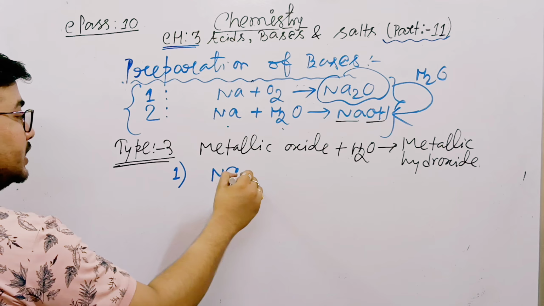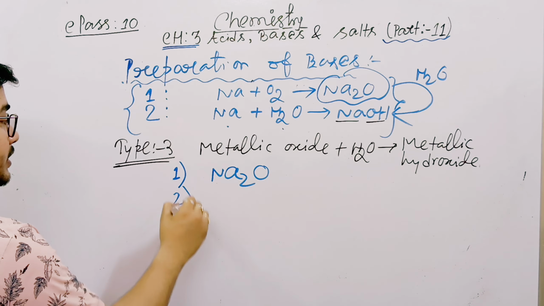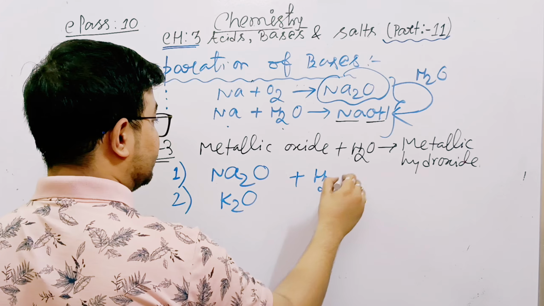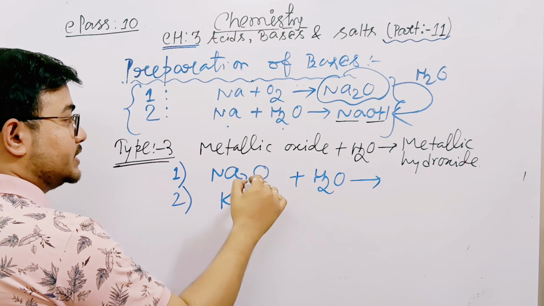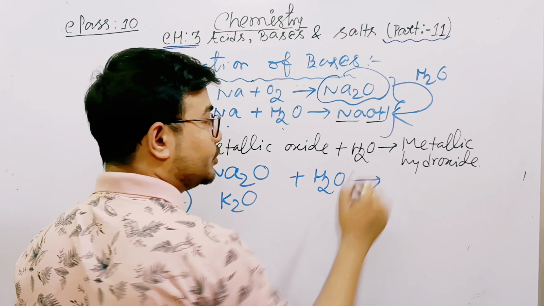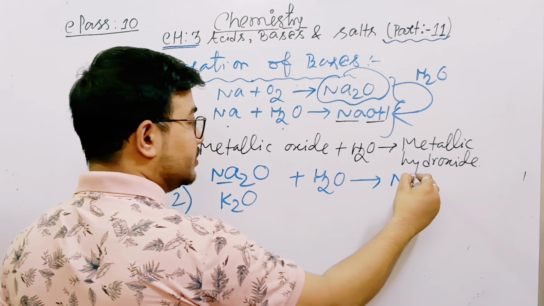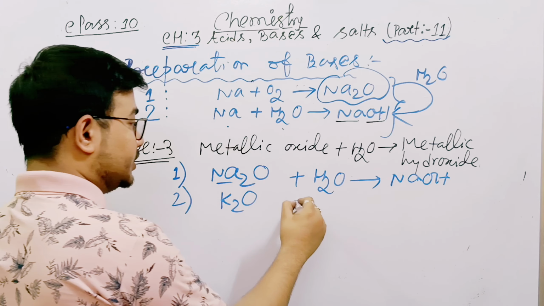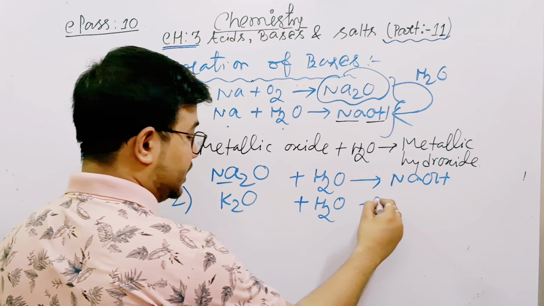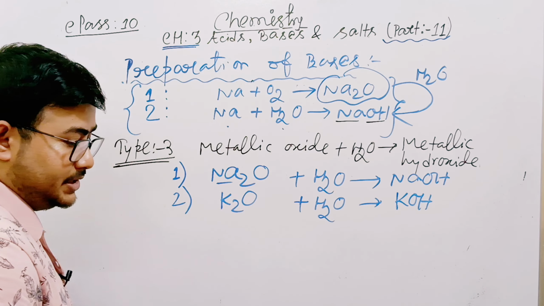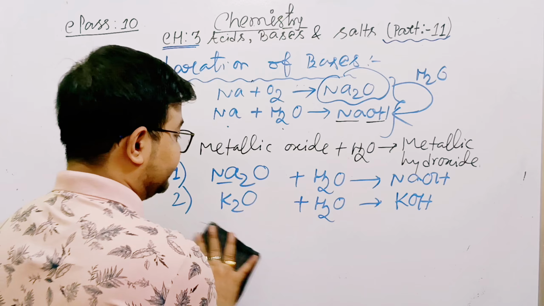Metallic oxide is sodium oxide, potassium oxide. First give the reaction with water. When metallic oxide dissolves in water, it will produce metallic hydroxide. The metal is sodium, so sodium hydroxide is your answer. Potassium, so what is your answer? Potassium hydroxide. Do you understand? So this is the reaction.